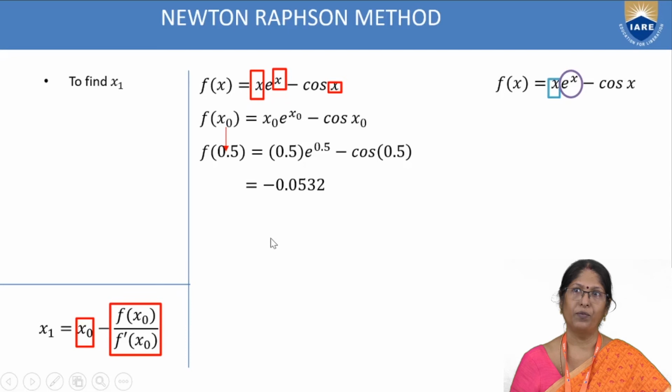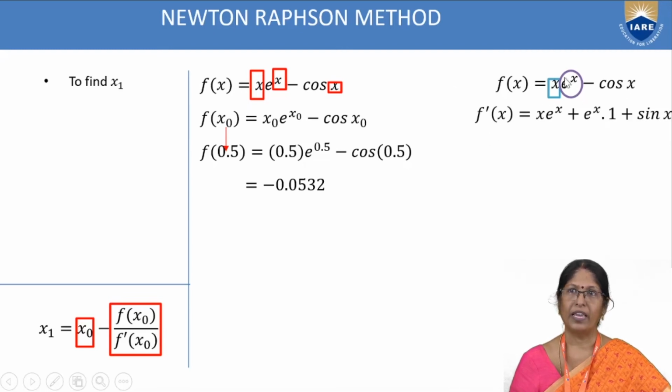So next, we wanted f dash of x naught. Here f of x is our question, x into e power x minus cos x. This we have to do by integration by parts or the UV method. You can see here, x we copied as it is, e power x differentiation is e power x.